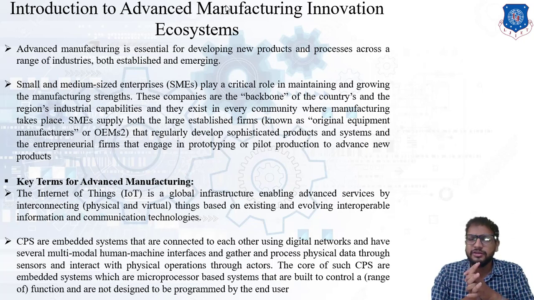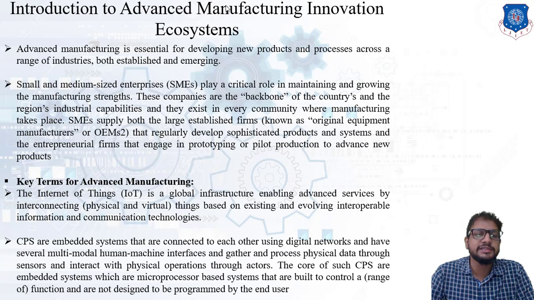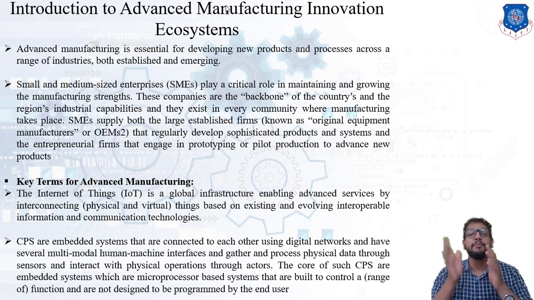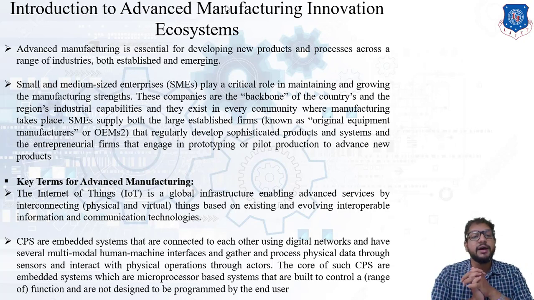IoT, Internet of Things, is a global infrastructure enabling advanced services by interconnecting physical and virtual devices based on existing and evolving information communication technology. Whereas what is CPS? Cyber physical systems are embedded systems that are connected to each other using a digital network. Now we already know about the embedded system.